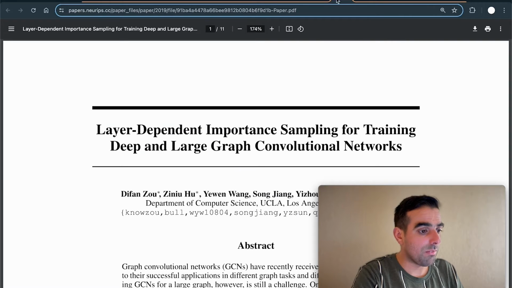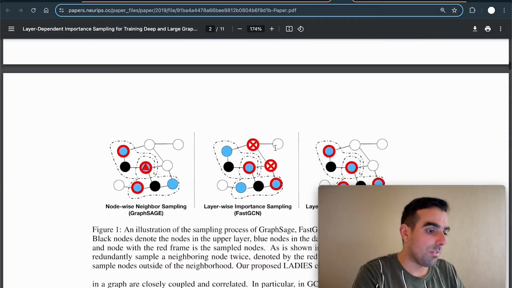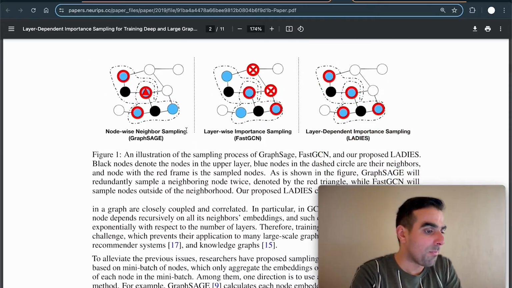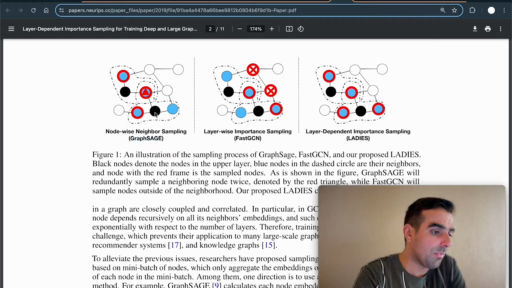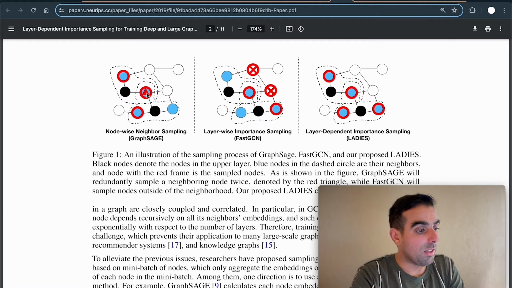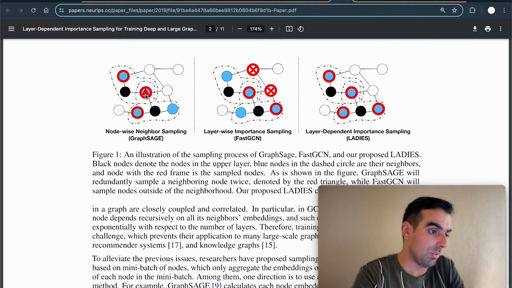These problems are highlighted in this paper, Layer-Dependent Importance Sampling for Training Deep and Large Graph Convolutional Networks. So here they have a very good figure. In GraphSAGE, these are 2 seed points, and the blue nodes are their direct neighbors. This node here can be sampled twice, and its feature vector will be added here to this node, and it will be added here to this node.